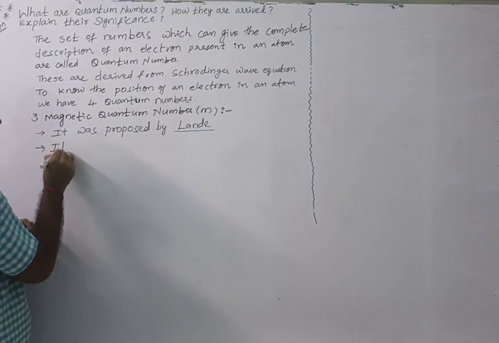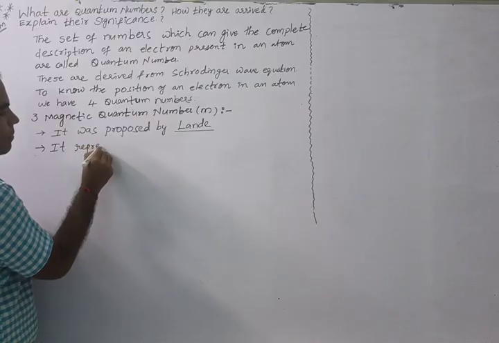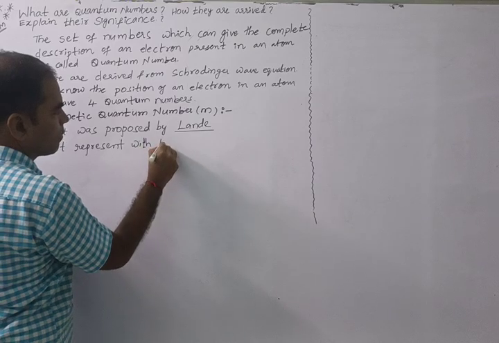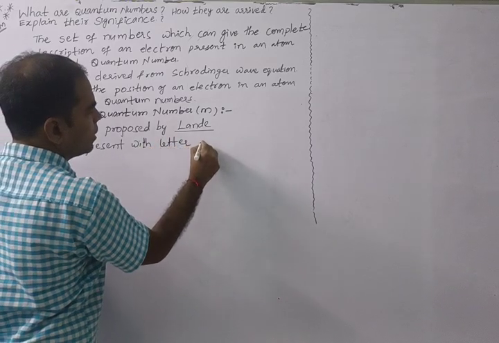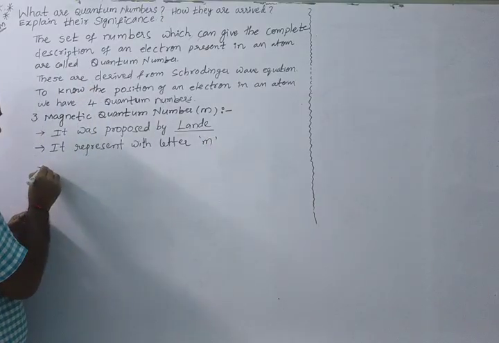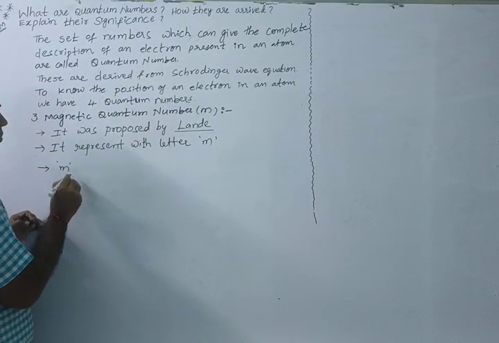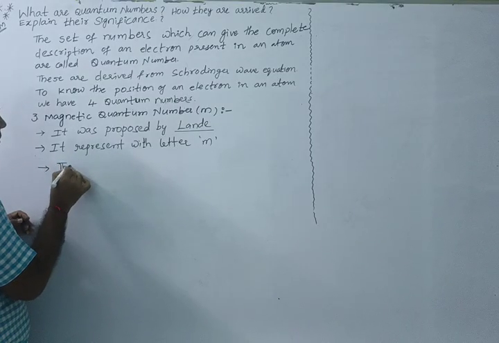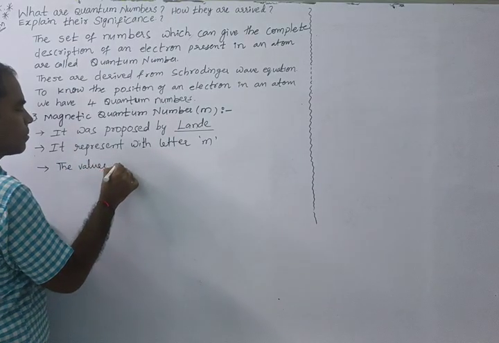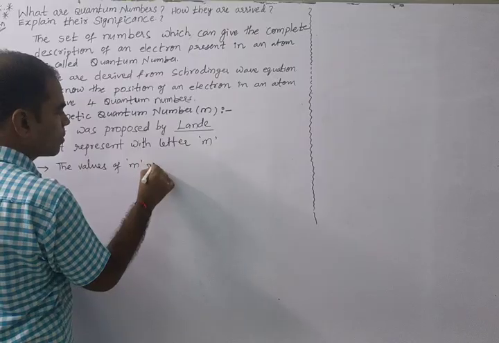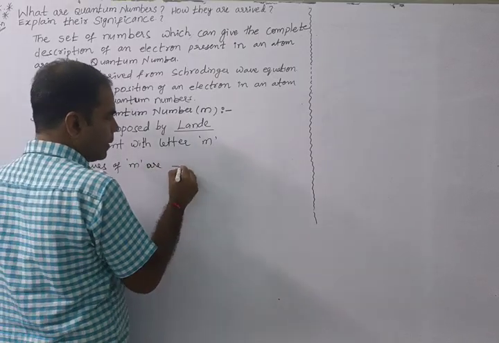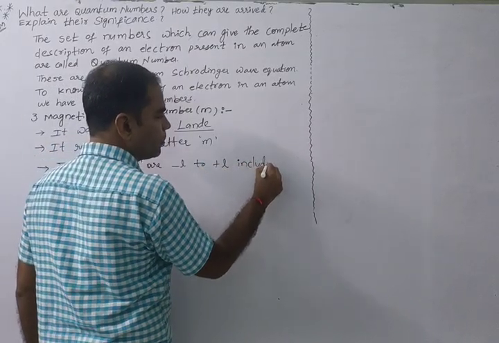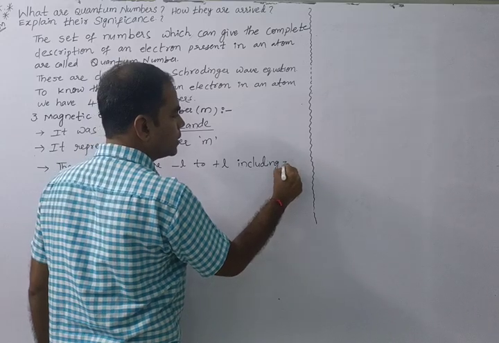It is represented with the letter m. The values of m are minus l to plus l including 0.